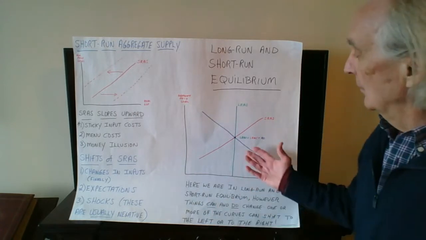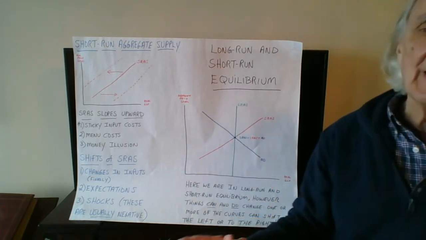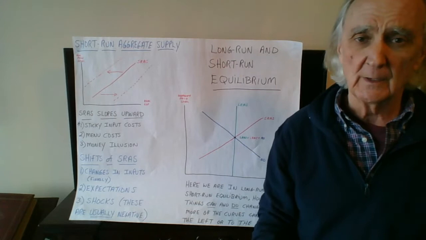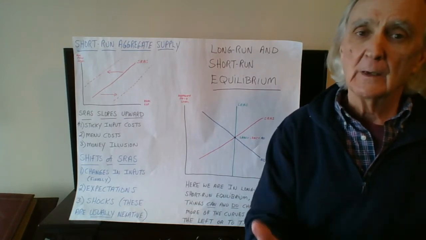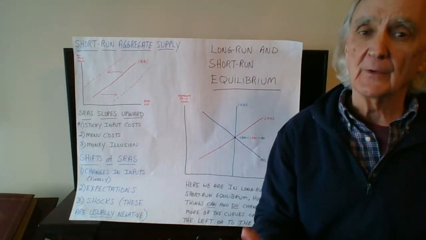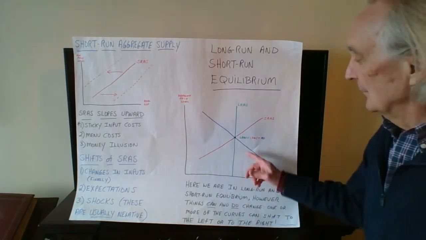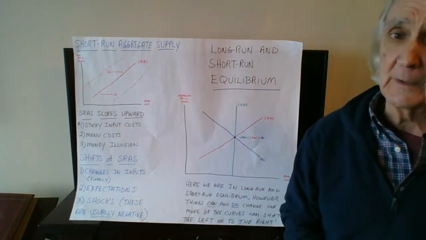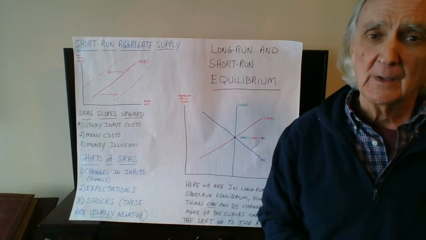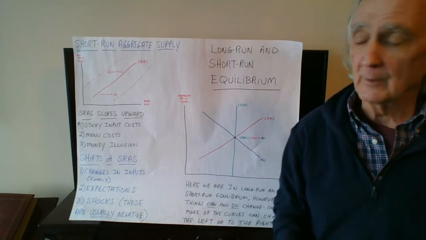So we're looking at it right now. Everything looks great. We're in long-run and short-run equilibrium. But we know in real life, this is economics, and in real life, things most probably are not going to stay like that, definitely not forever, okay?